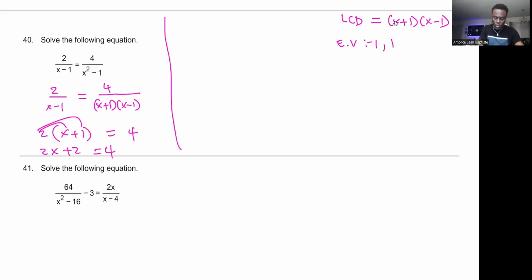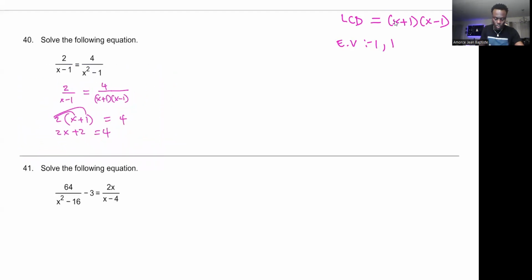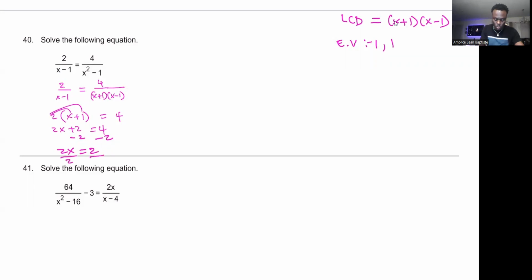And then now we would solve this. We'll solve this to get subtract 2 on both sides. 2x equals 2 and divide by 2. X equals 1. Well, x equals 1. 1 was an excluded value, right?